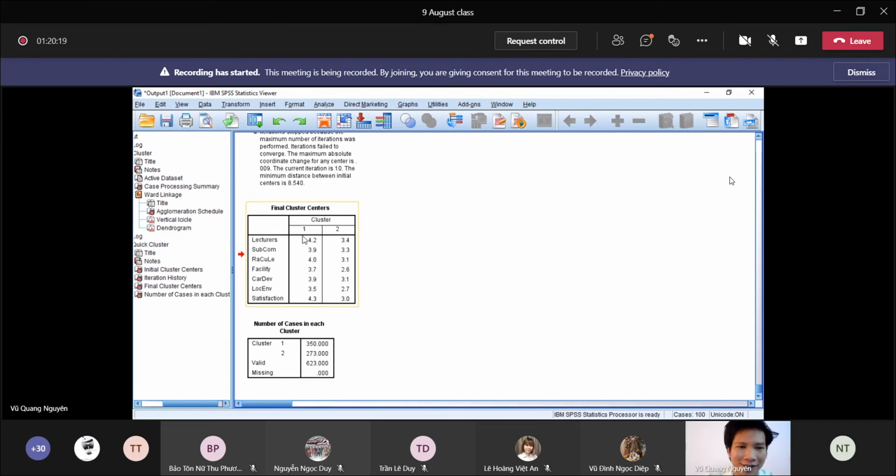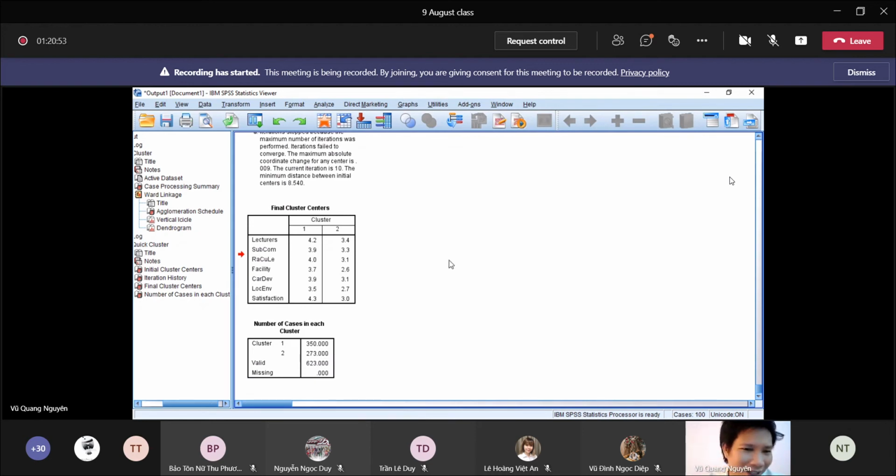Well, this one is the best according to SPSS, you see. SPSS suggests to you that 2 clusters is the best number. But you see, it's very good in a mathematical way, right? Mathematically, those 2 clusters are farthest from each other. They are most different from each other. It's a mathematical way. But remember, we are doing marketing research. So if you use this to report to the managers, okay, we should have 2 segments.